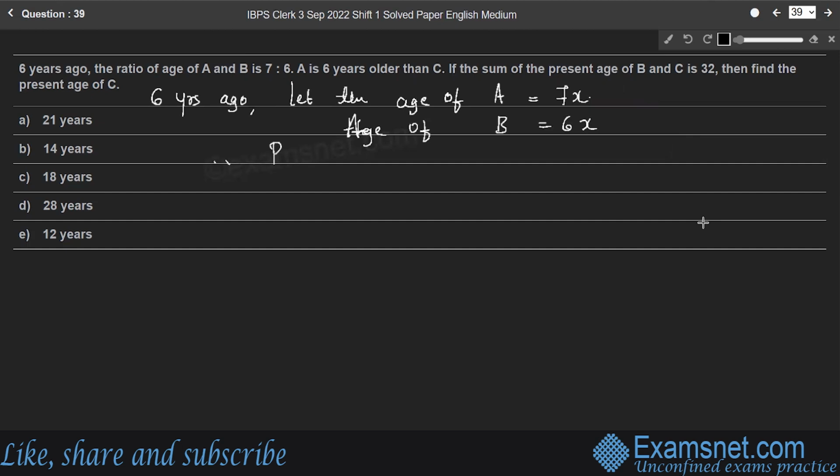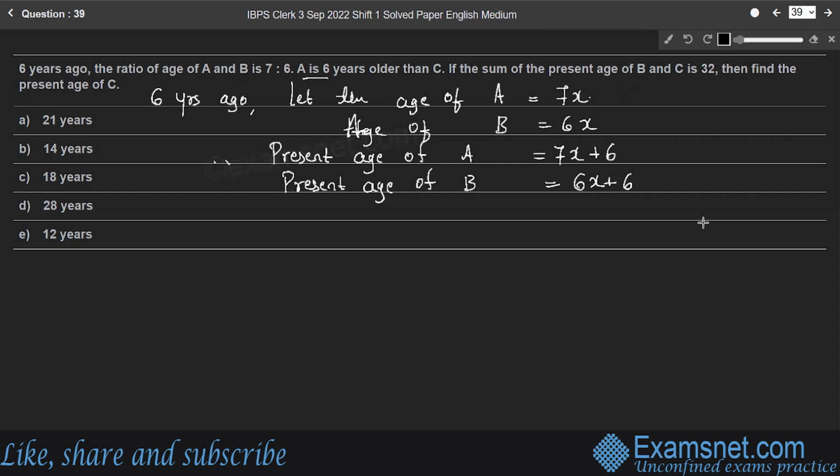Therefore, present age of A becomes 7x plus 6, because 6 years ago A's age was 7x. Therefore, present age is 7x plus 6, and present age of B becomes 6x plus 6. Right?